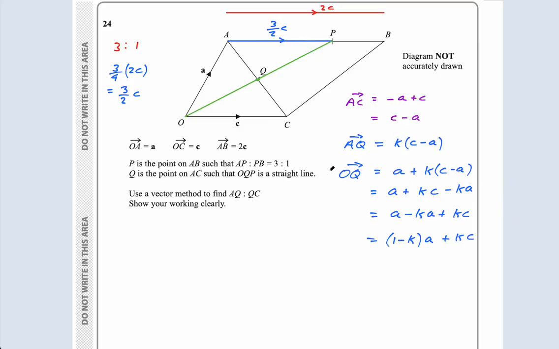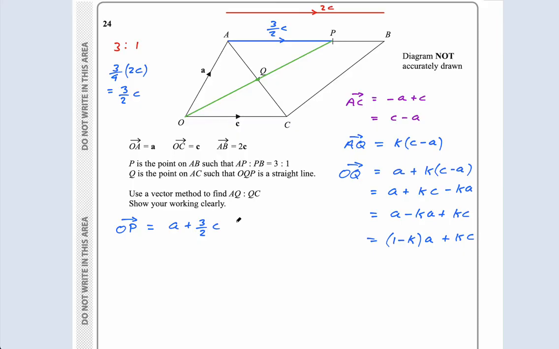Okay, that's OQ. Then I'm going to get OP. OP is just, this one's easier, guys, you'd be glad to know, it's just A plus 3 over 2 C. Okay, now this is the tricky bit, guys.